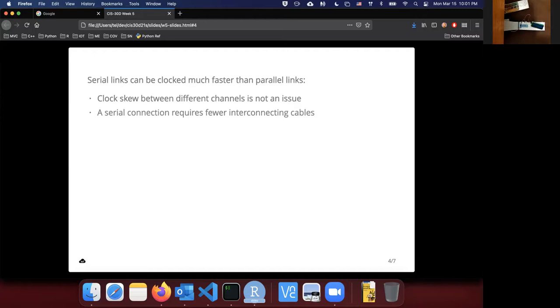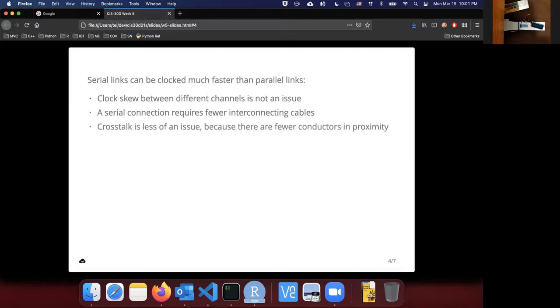And also because in serial communication we just use a single wire here, versus parallel communication, where we have to use multiple cables. So the serial connection requires fewer interconnecting cables. That simplifies things. That brings another benefit.